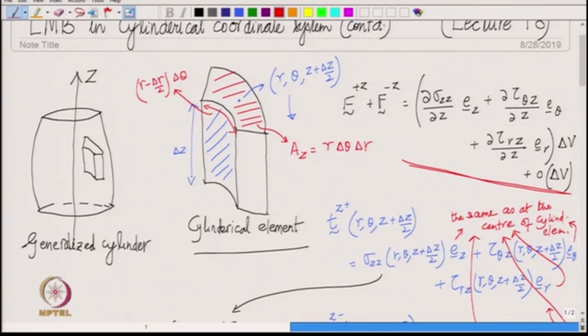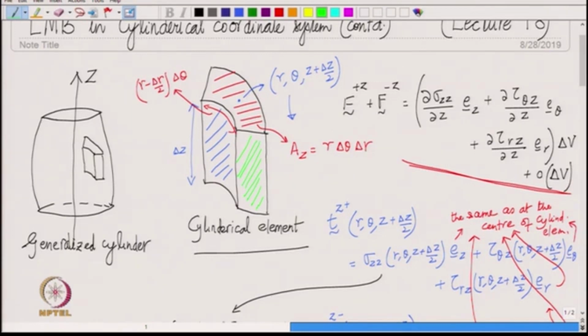Now, let us think of doing it for the plus theta and minus theta. So, we are now thinking of the theta planes over here. Again, we find the traction at the center of the theta planes.